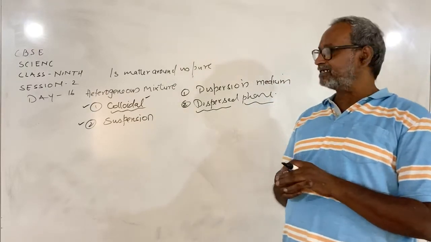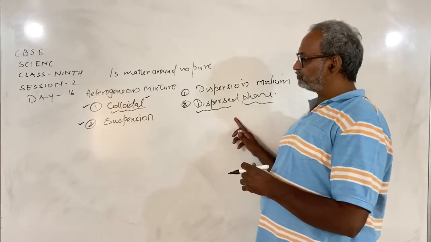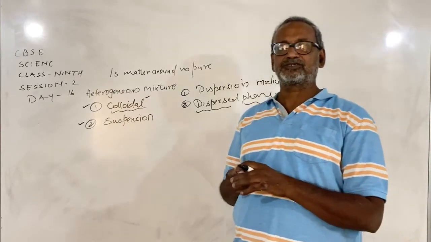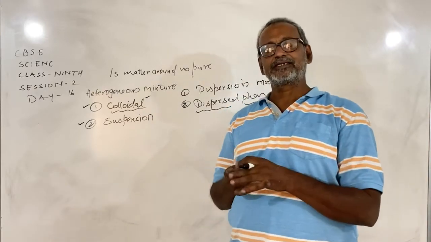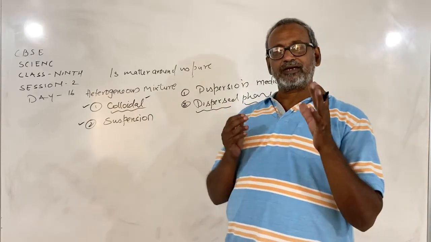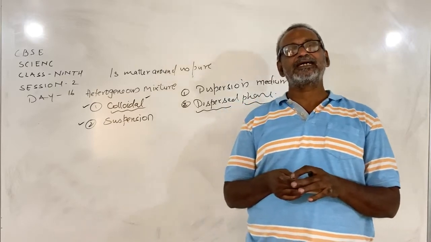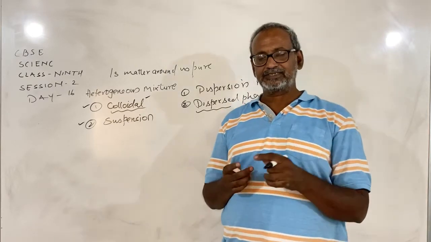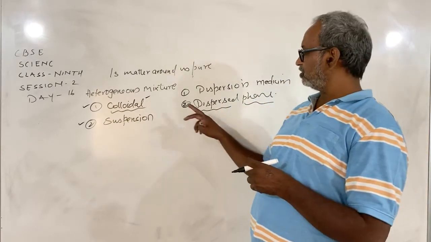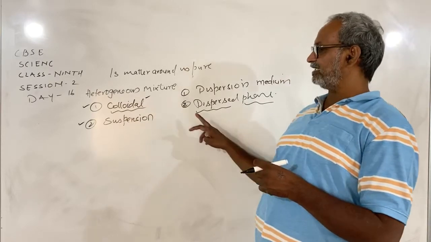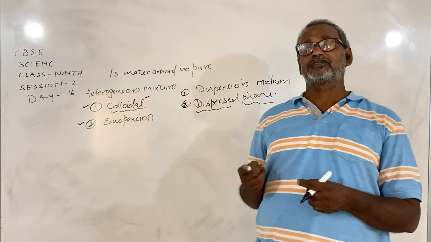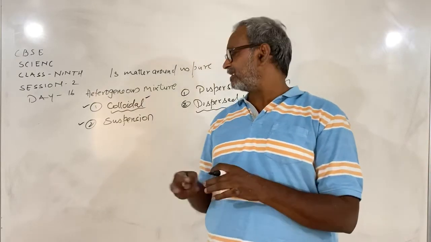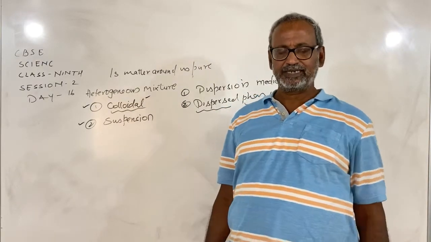The particle size of dispersed phase in a colloidal solution is intermediate between a true solution and a suspension. That is, the particle size of dispersed phase in a colloidal is greater than solution but smaller than a suspension.